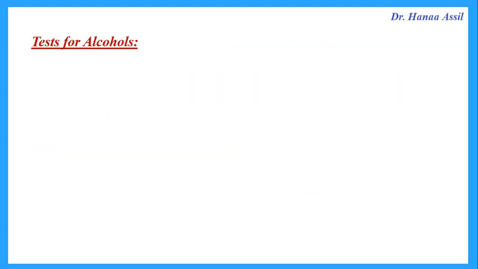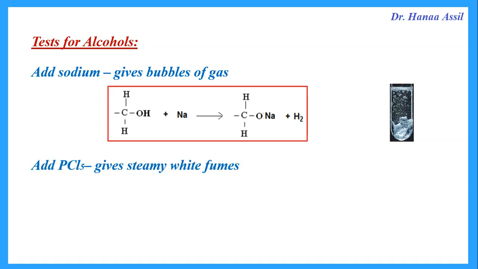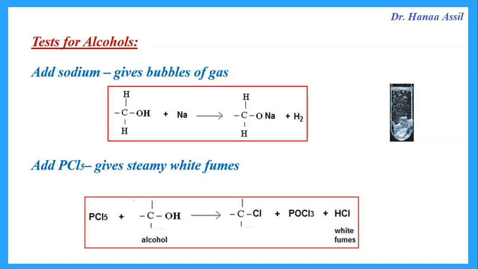What is the test for alcohols? Well, we have two tests for alcohols. Either we add sodium metal, this gives bubbles of hydrogen gas, or we add phosphorus pentachloride, PCl5. If we add PCl5 to something that has an OH, it would give white fumes of hydrogen chloride gas.